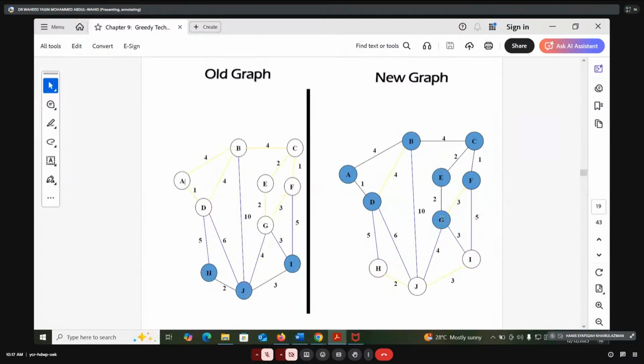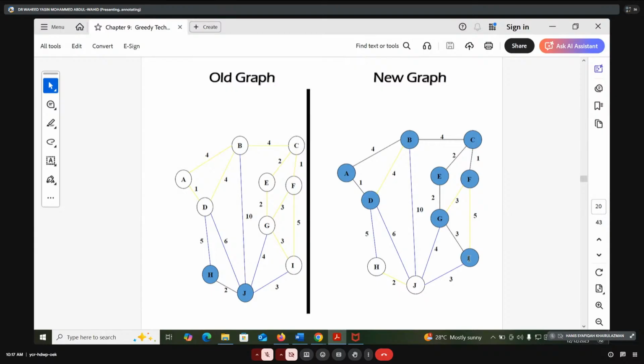So here I can see that G to I is minimum. So I will select GI. Now from I, how many lines come from I? 3. From G comes 4. From B, 10, 5, 6. So what is the minimum here? It is 3. So I will select J.